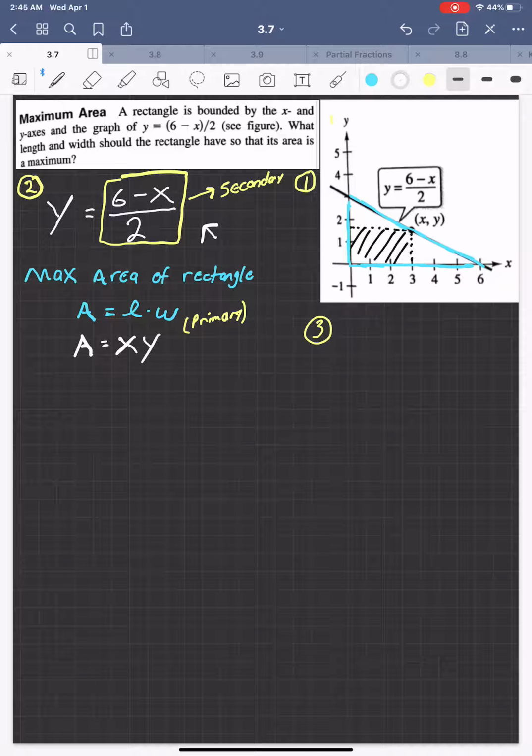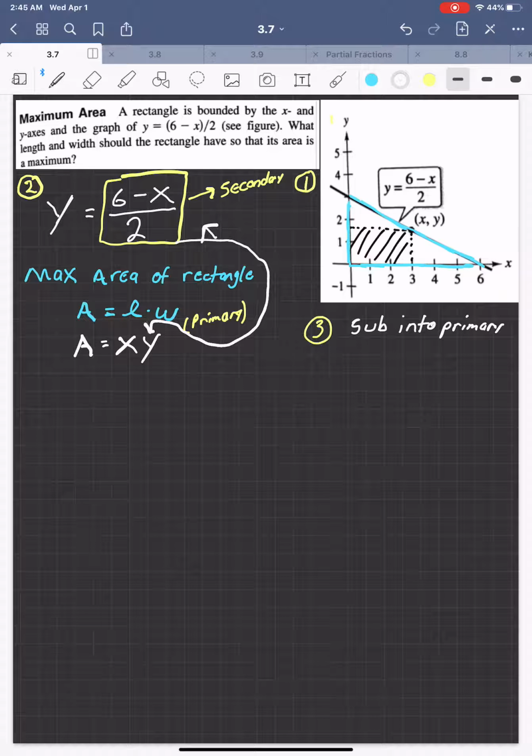All right, hopefully you can start to anticipate my moves here. So step 3 is always a substitution step, right? But just don't get confused. We sub into the primary. Now, this equation is already solved for y. So what you're going to see me do is replace y in the area equation with 6 minus x over 2.